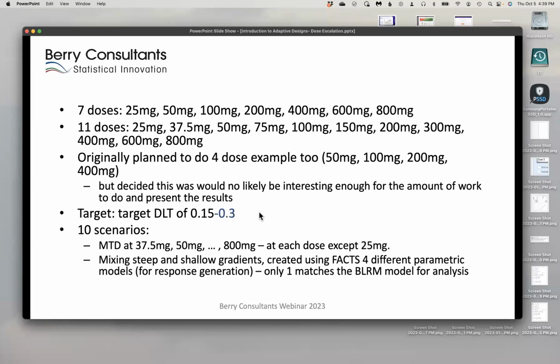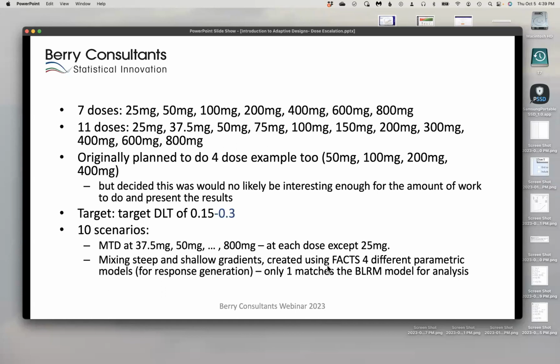So if you like, the target toxicity is midway between that, 0.225. And what I did was to create 10 scenarios where the MTD was at each of the doses in turn, except for the safety dose, mixing steep and shallow gradients.